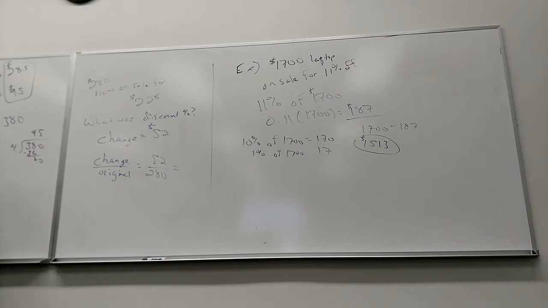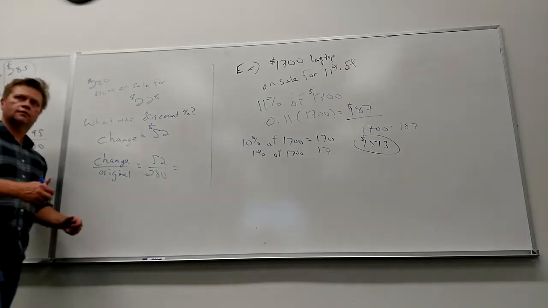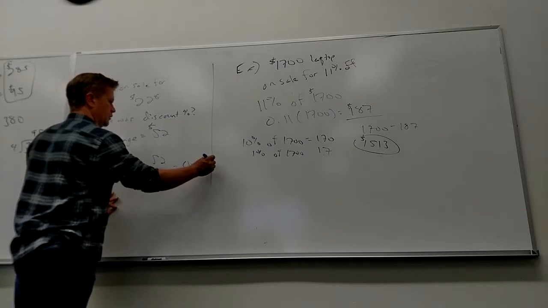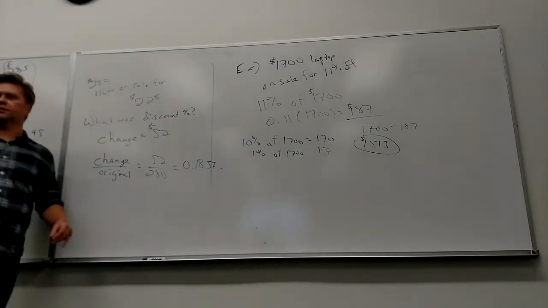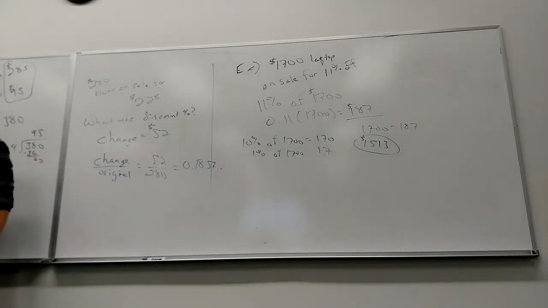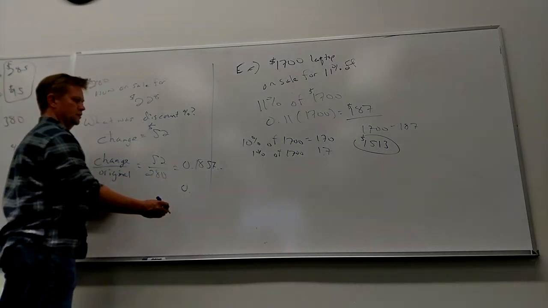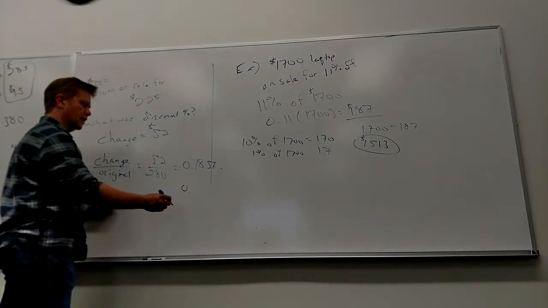I think it comes out nice. Hopefully, I don't know. 0.1857114. All right, so it didn't come out nice. I was trying. 0.185, blah, blah, blah. All right, so on the test, I would say round it to the thousandths place. What would that be to the thousandths place? 0.1, 8, where's the thousandths place?